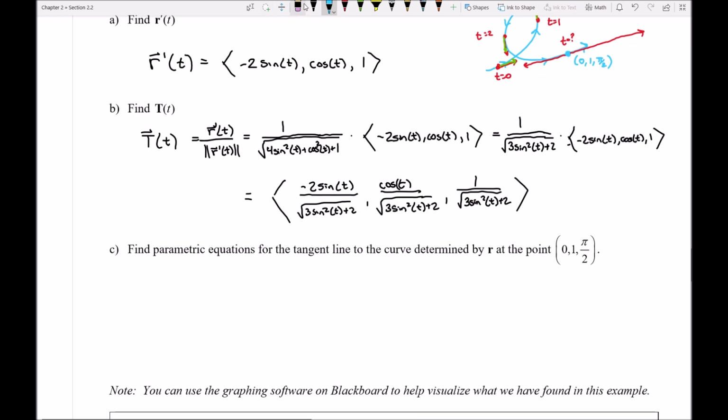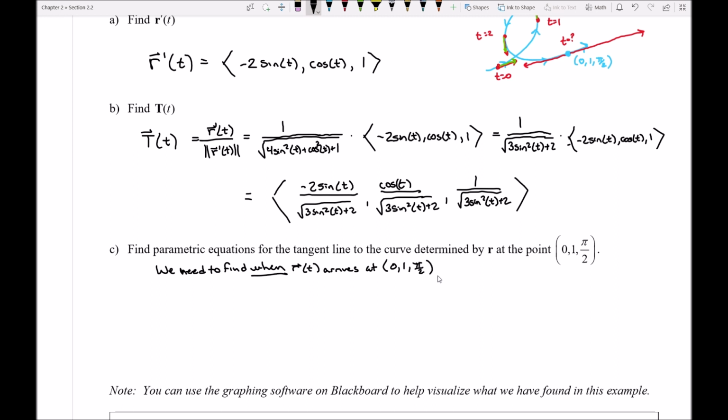So I'll go ahead here and start by narrating what it is that I need to do. I'll say that we need to find when r of t arrives at the point 0, 1, pi over 2.